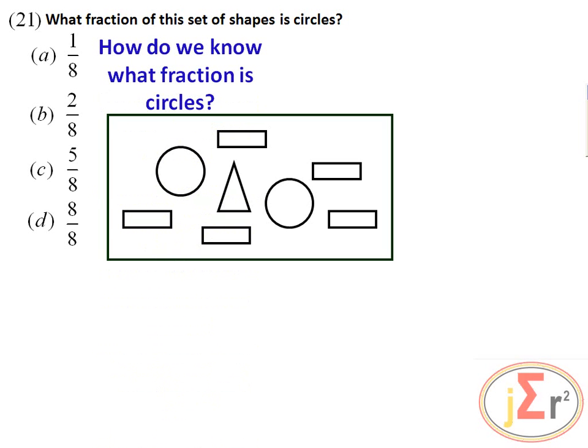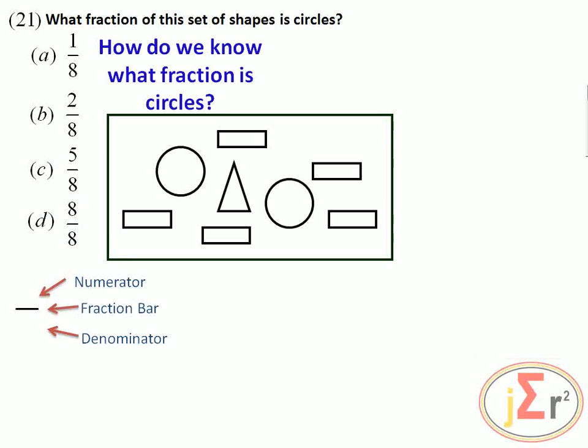So let us go straight ahead. How do we know what fraction is circles? We do not forget our fraction. And how do we label our fraction? We have the fraction bar, we have the numerator, and we have the denominator. The denominator in this particular case, Jerry, is what? 8.